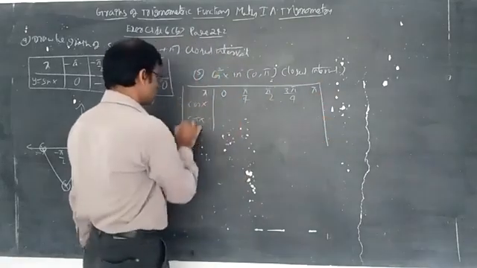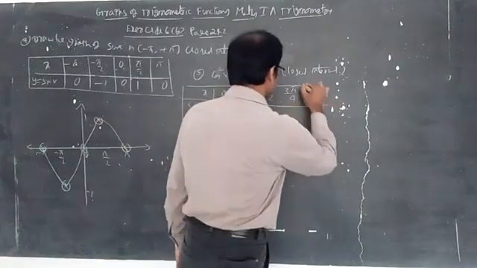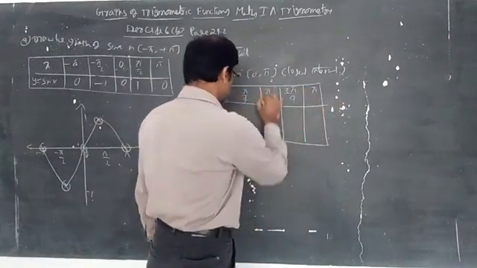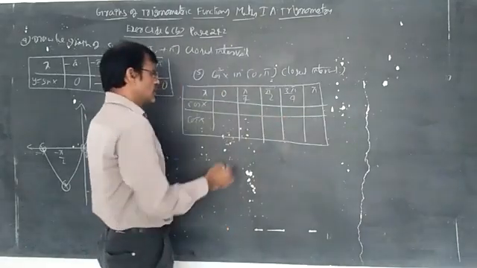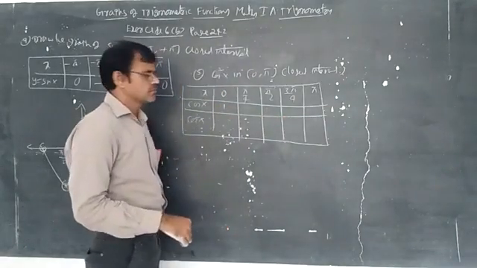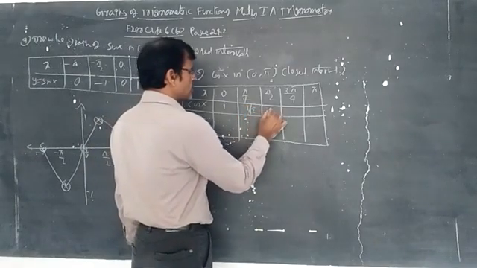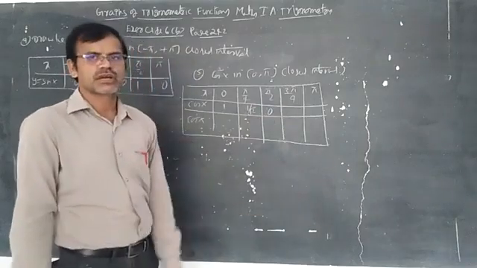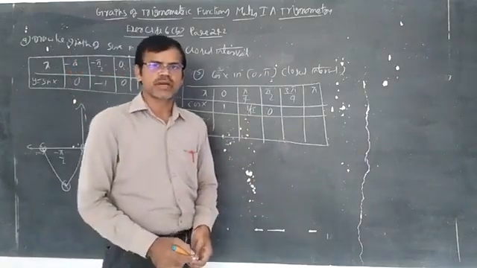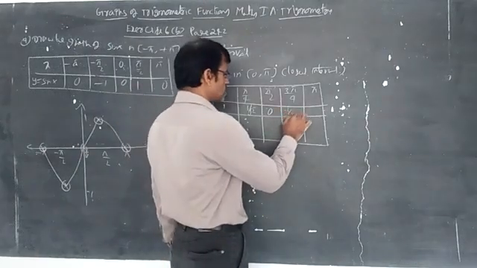He is asking about cos square x. Whenever a square is there, every value is positive, whatever result we get. Now write the values: cos 0 is 1, cos 45 is 1 by root 2, cos 90 is 0, cos 135 meaning cos of 90 plus 45 is minus cos 45, which is minus 1 by root 2.